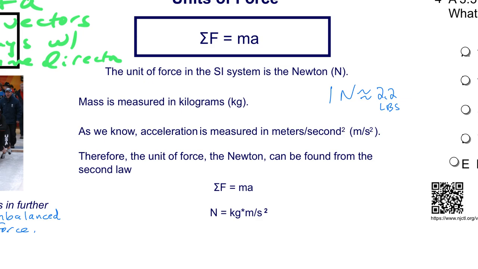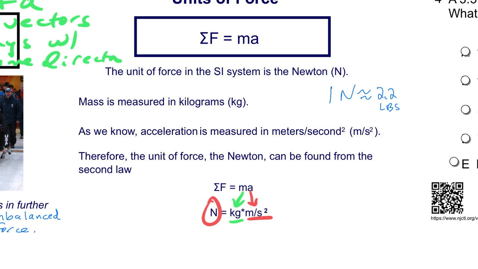Okay, so the unit for mass, not weight, is kilograms. The unit for acceleration is meters per second squared. And then if you multiply those two units together, you get kilogram meters per second squared. But that is what we call a newton. A newton is a unit of force.